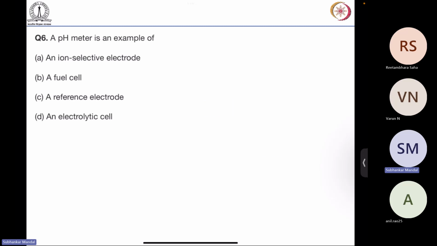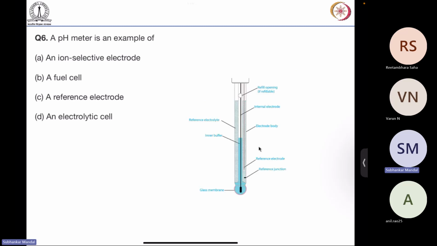If you see, this is the picture of a glass electrode, where you can see the reference electrode body is there, and in the middle there is the internal electrode. Here the glass membrane is there, where some selective ions can pass. Okay, so A is the answer.